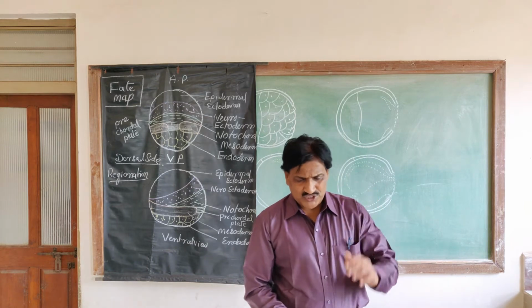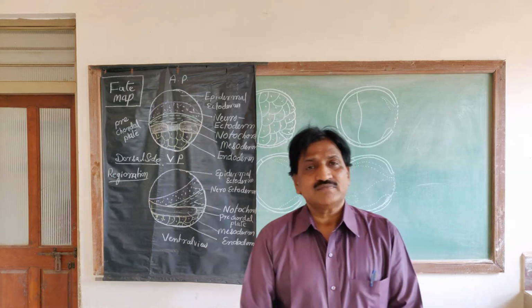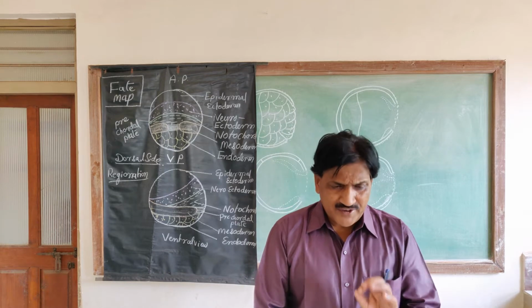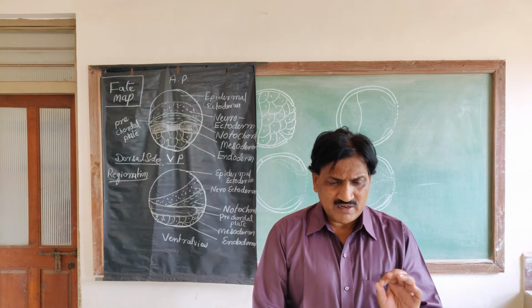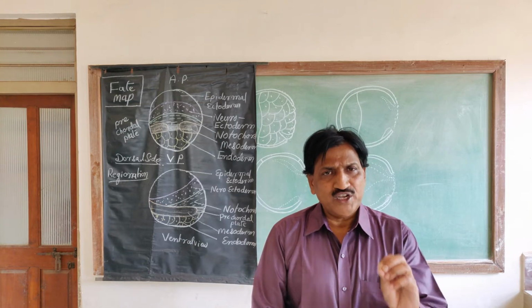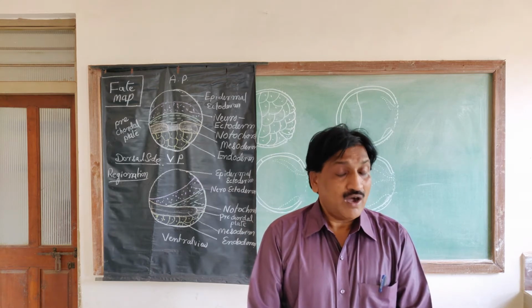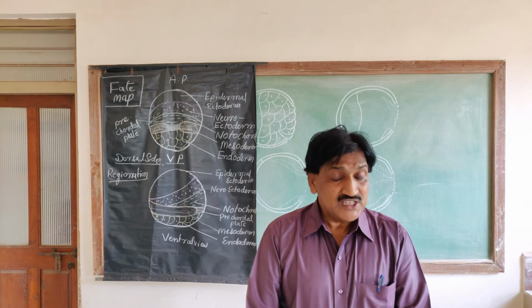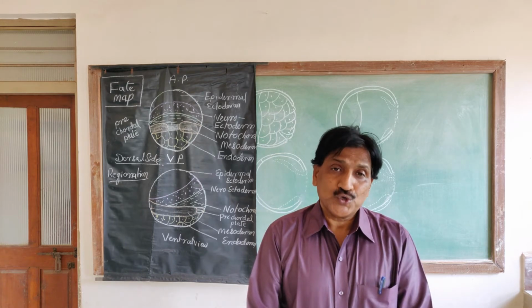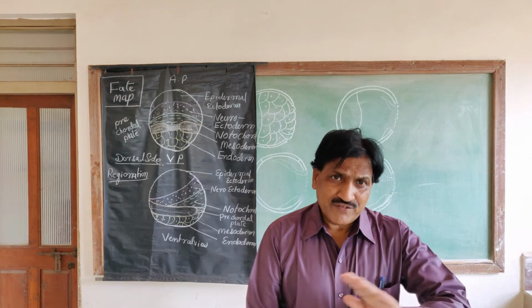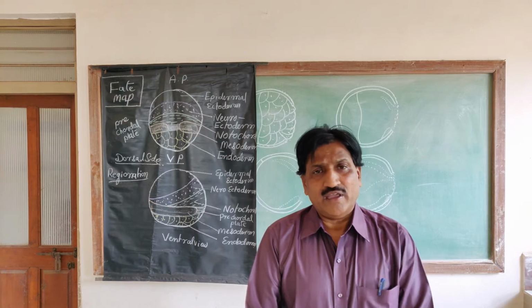They will ask questions. What is a fate map? I will repeat that one. Fate map is nothing but a kind of blueprint, a proposal of a building, or it is a chart showing the different areas of an embryo.